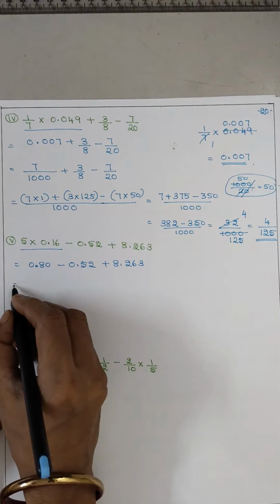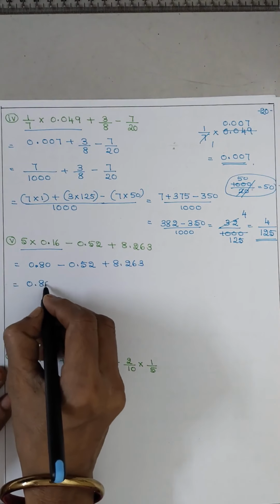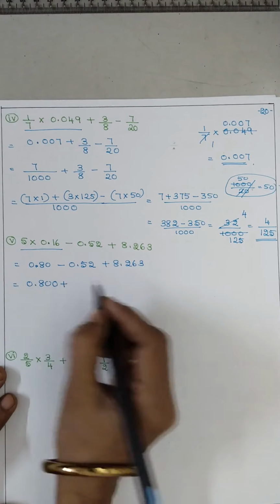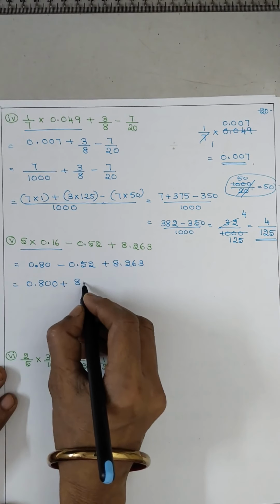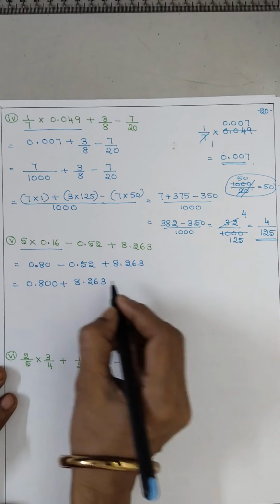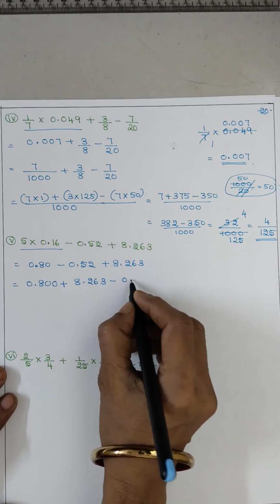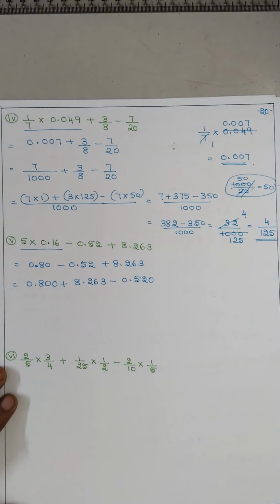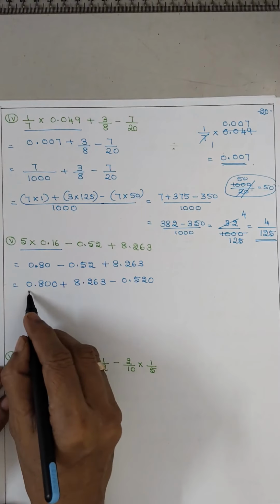So rearrange. 0.80, 3 decimal है तो extra 0, bring 8.263 minus 0.520. तो स्टार्टिंग में ये सब लाइक डेसिमल्स करेंगे तो बेटर.